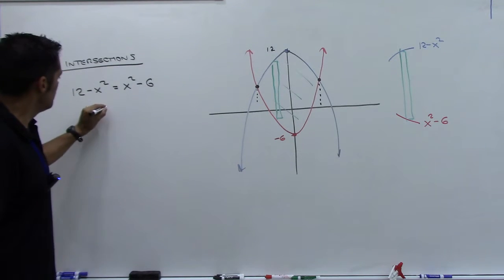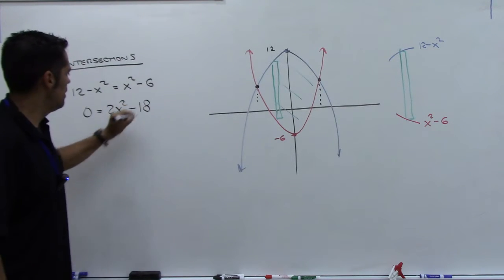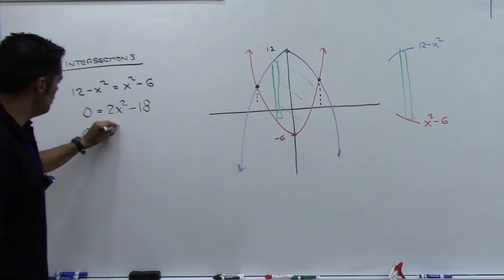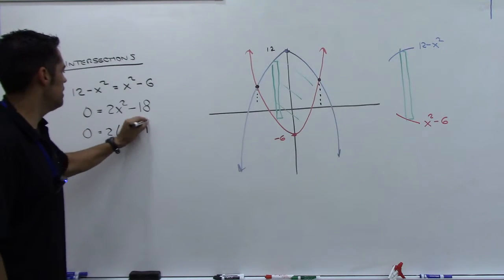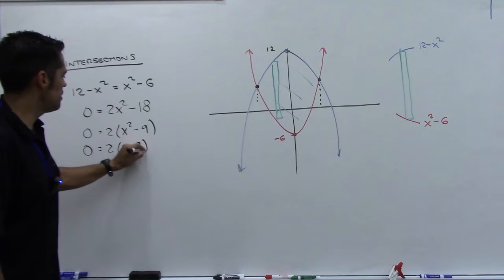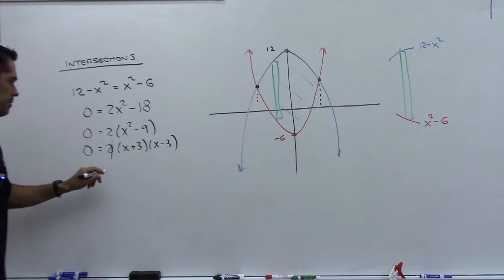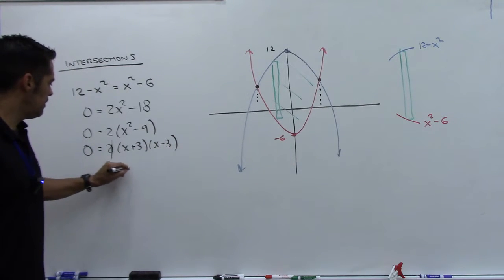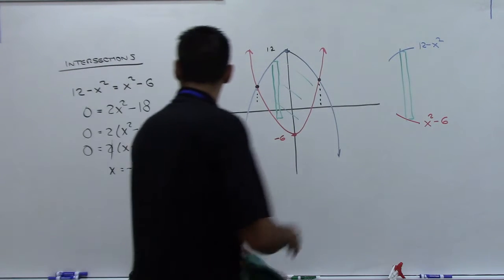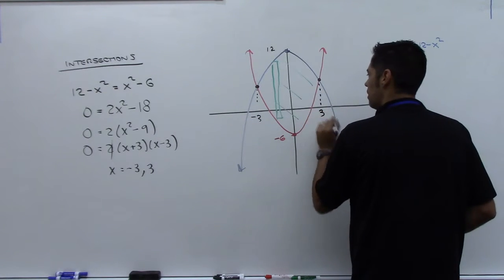Move this over, I get 2x squared. Move this over, I get minus 18. And so if I pull out a 2, I get x squared minus 9. That's a difference of squares, so x plus 3, x minus 3. And so I set all these equal to 0. The 2 doesn't matter. I get x's negative 3 and positive 3. And so this should be negative 3. This should be positive 3.